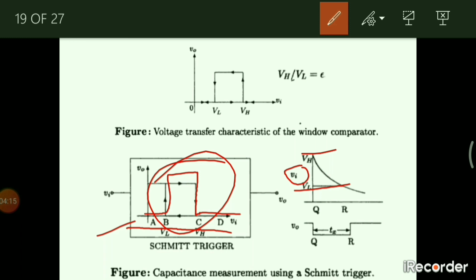The output, if you see here, Q and R, whatever this time interval is, is measured as Tx. This time interval Tx is nothing but the discharging time of the series and parallel RC circuit. That is our interest, to find out how much is the time interval between the voltage levels VH and VL.